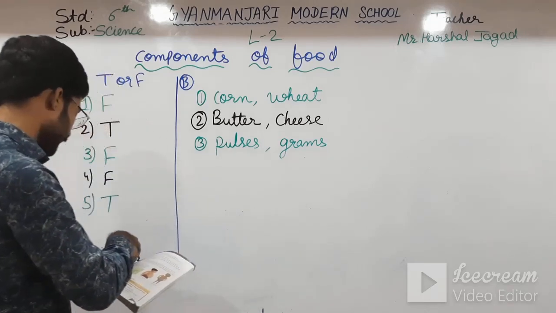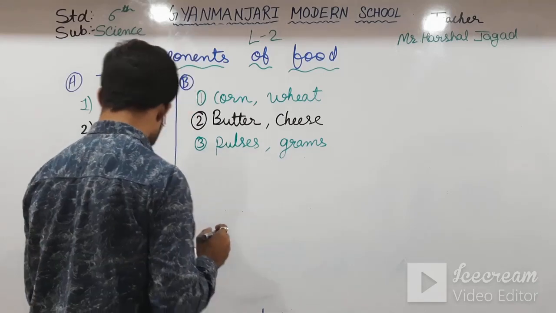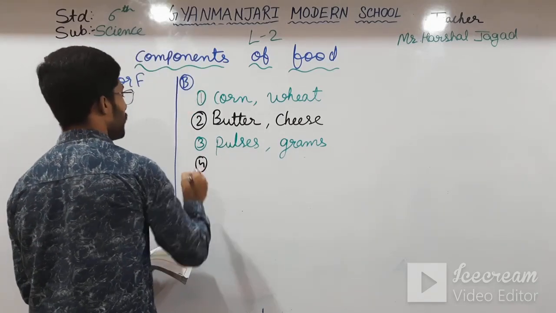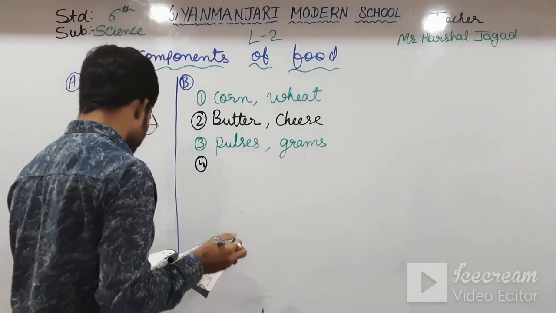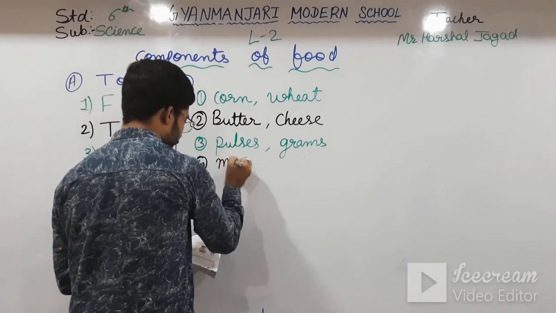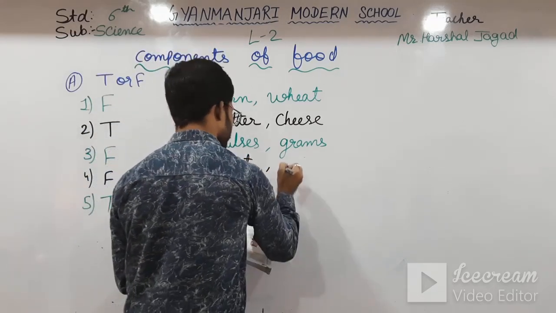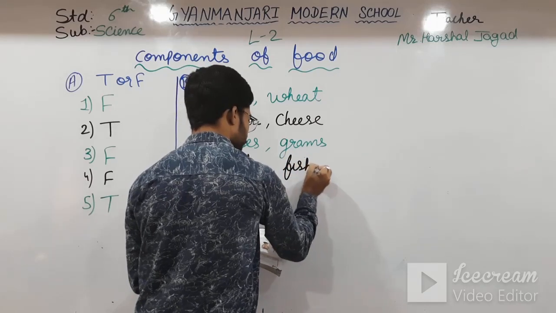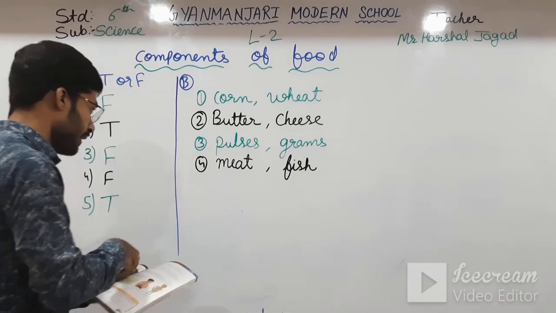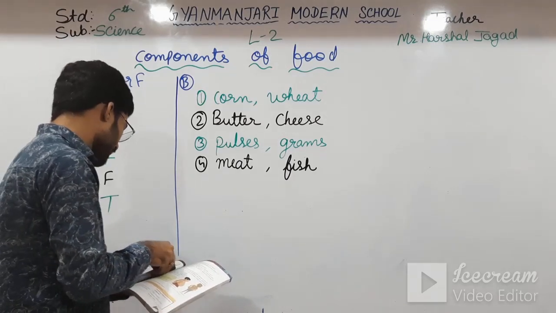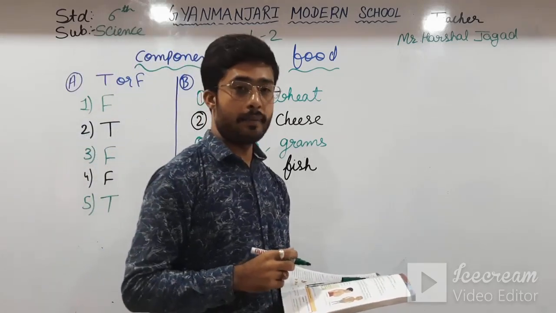Fourth one is rich sources of animal proteins. Rich sources of animal proteins are meat and another one is fish. Fifth one is water soluble vitamins.